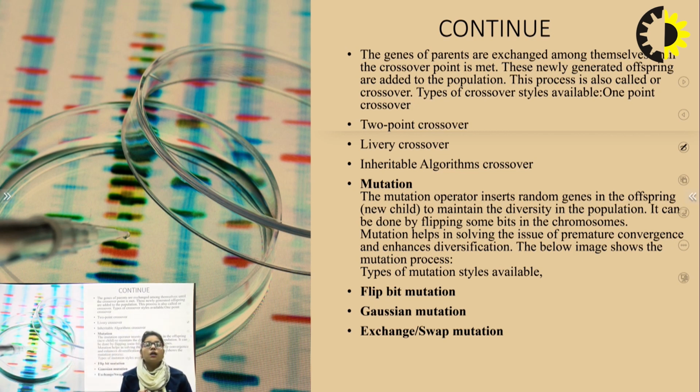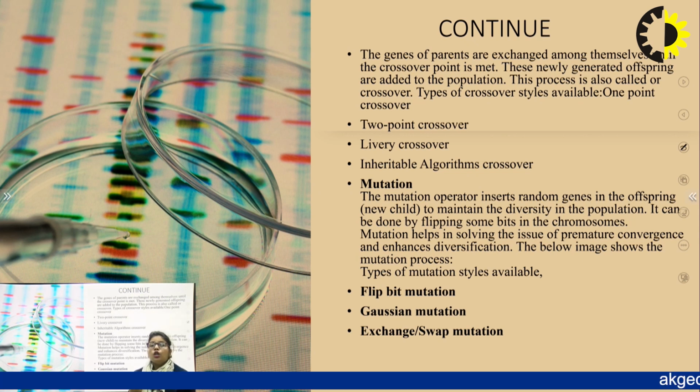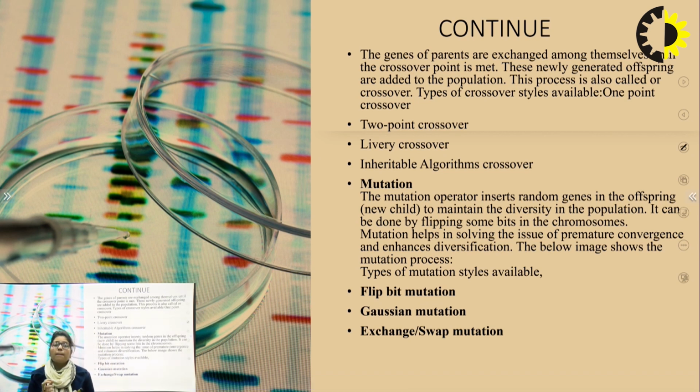Now the second is mutation. The mutation operator inserts random genes in the offspring, basically the new child, to maintain diversity in the population. It can be done by flipping some bits in the chromosomes, and this is called mutation.